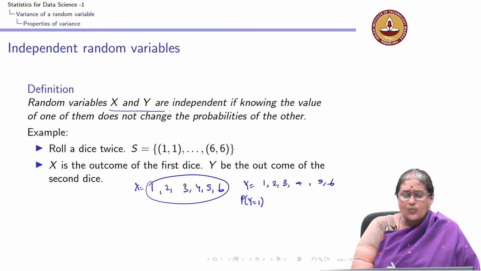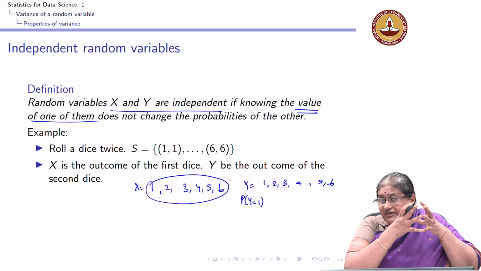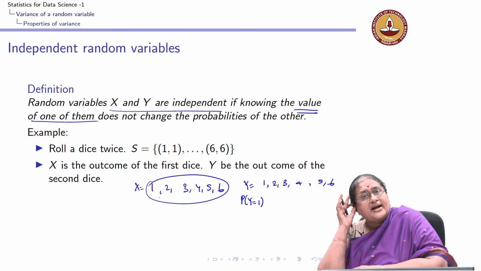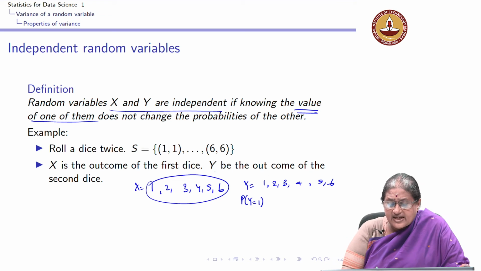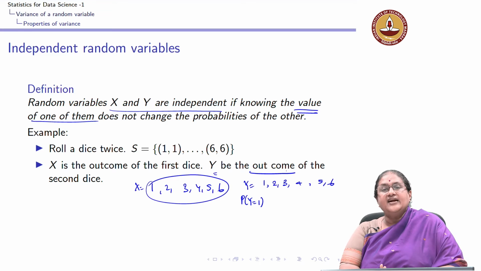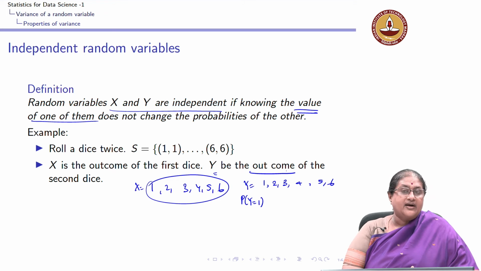So, x and y are independent because the outcome of the first die does not impact the outcome of the second, where y is defined as the outcome of the second die. Hence, x and y are independent random variables.